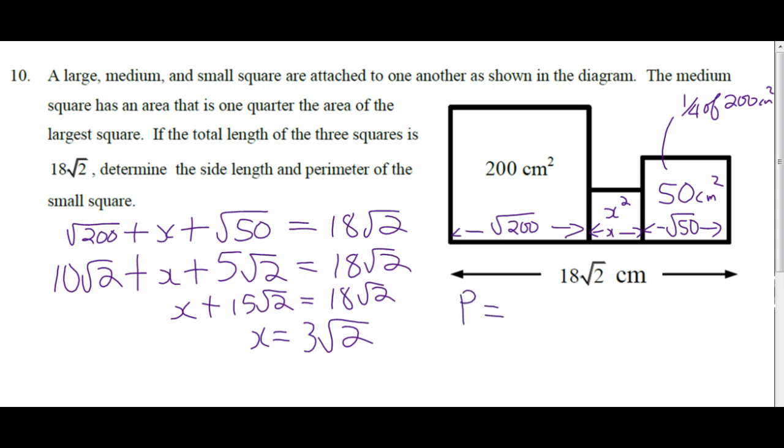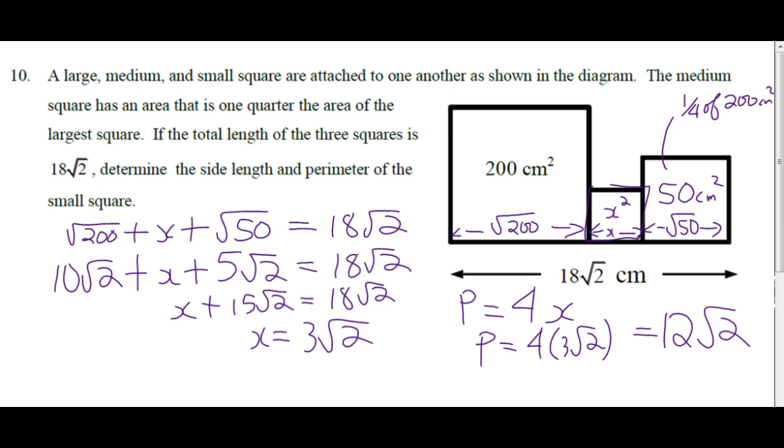So what's P equal to? It's a square. 4 times x, right? Which is 4 times 3 root 2. And oh my god, that's tomorrow, multiplying radicals. What's 4 times 3 root 2? 12 root 2's. Units? Centimeters.